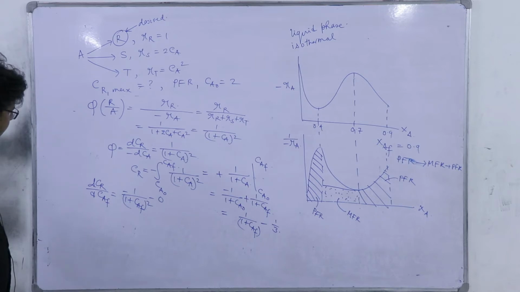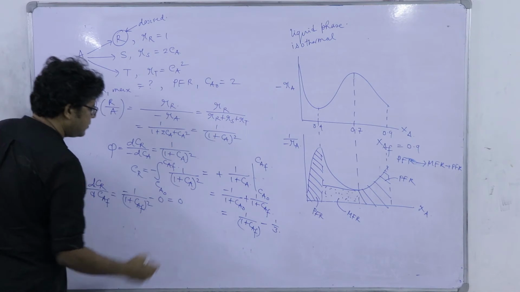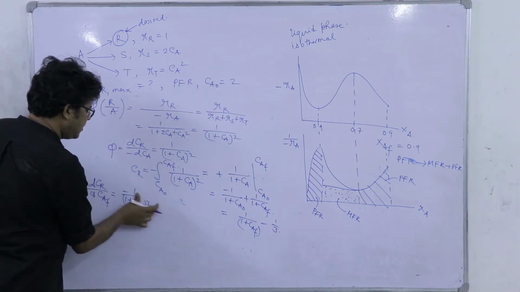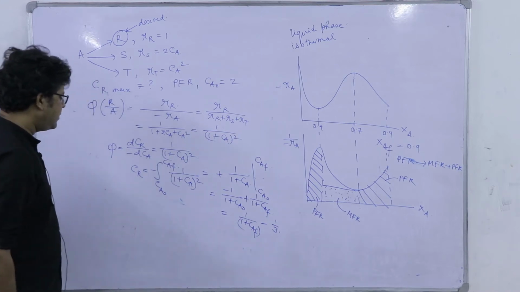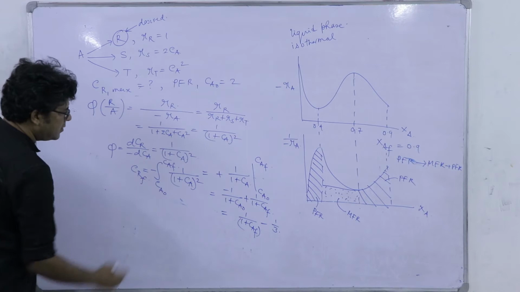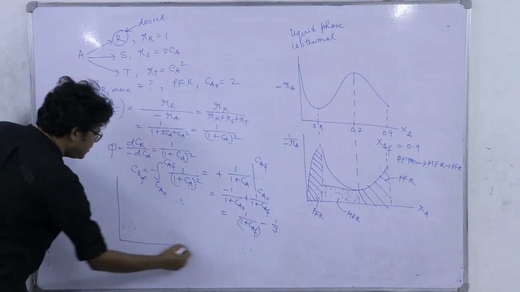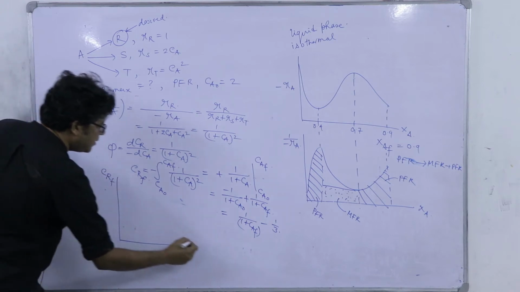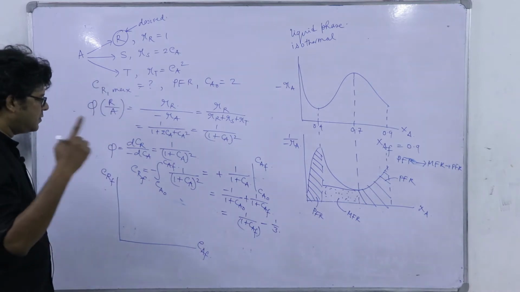So, this we have to set equal to 0, because this is the derivative. Or actually, what you can do is look at how CRF and CAF vary, because it is a monotonic function.